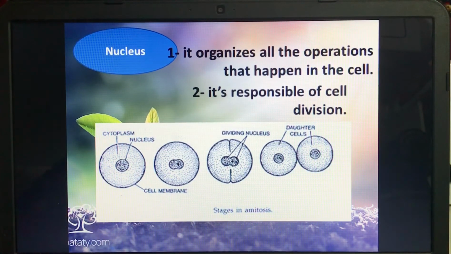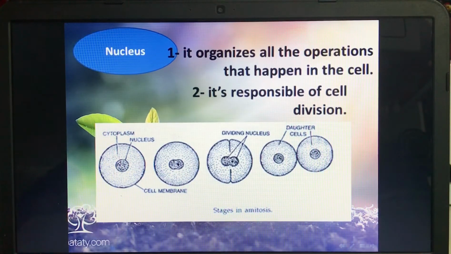We started here with one cell, and here the nucleus is ready to be divided into two parts, and here the cover or the plasma membrane and the liquid, which is called cytoplasm, both of them are ready to be divided.